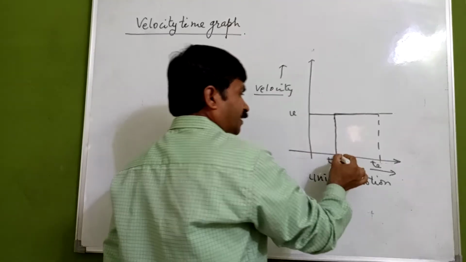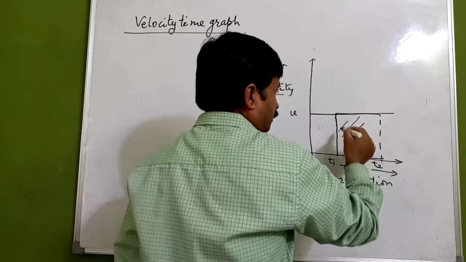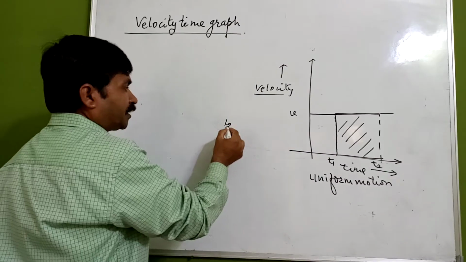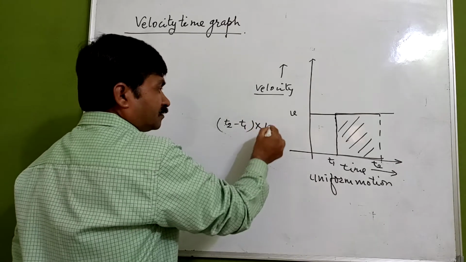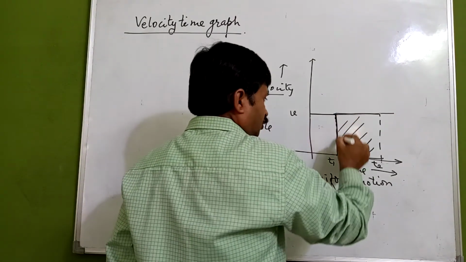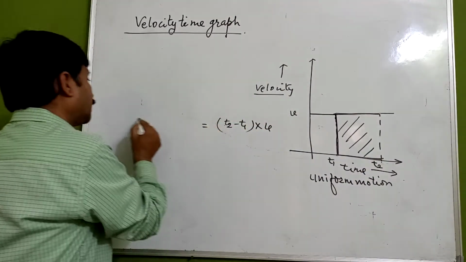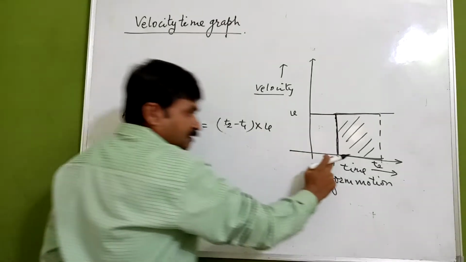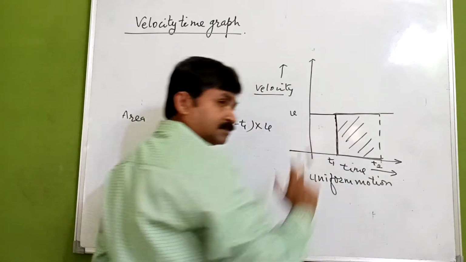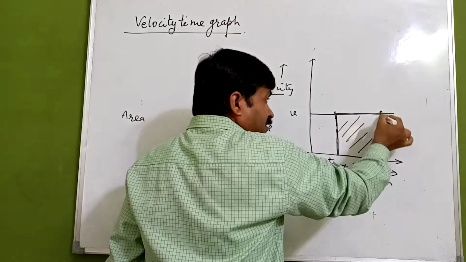Now what are we getting? We are getting this: T2 minus T1 multiplied with this U, which is giving us the area. This is length and this is width. So length means this, we have taken this line.